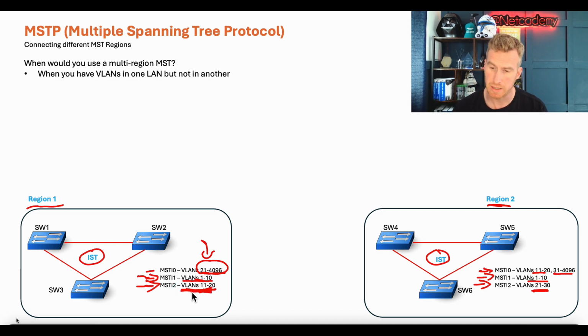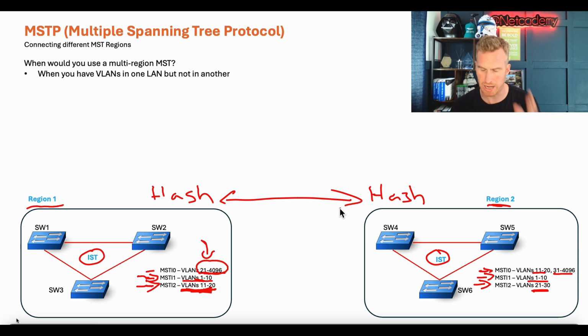What does that mean? That means that the hash calculation, which is derived from that VLAN to instance mapping, is not going to be the same as the hash algorithm that's in region 1. The 2 hash calculations between region 1 and region 2 are going to be different. And this comes back to the reality that in an enterprise network, you are going to have some VLANs which are needed in one area of the network, but are not needed, not relevant in another part of the network.